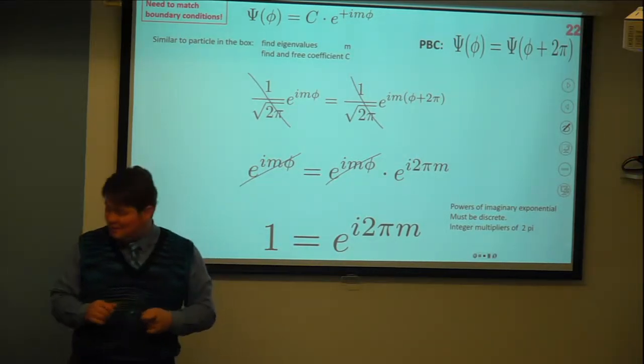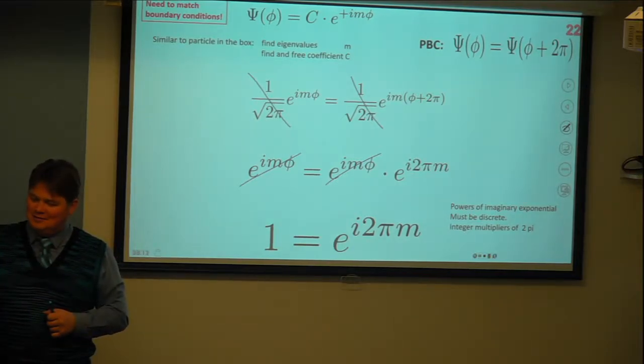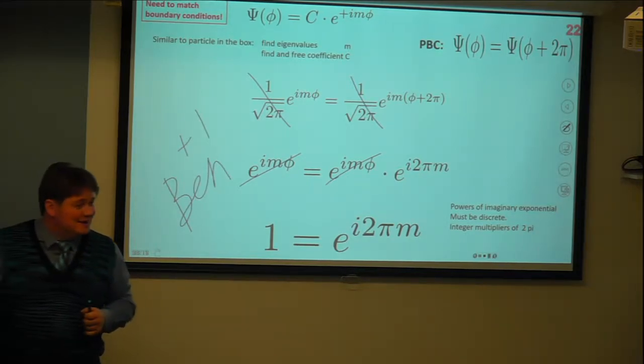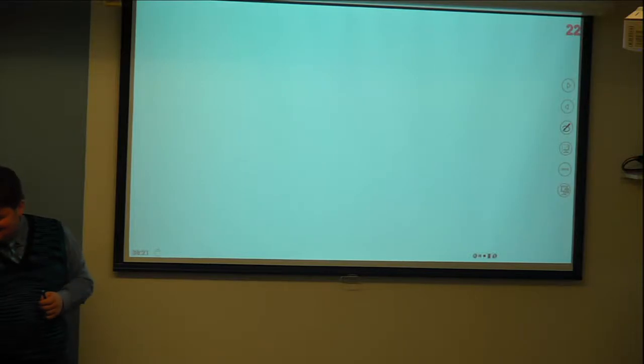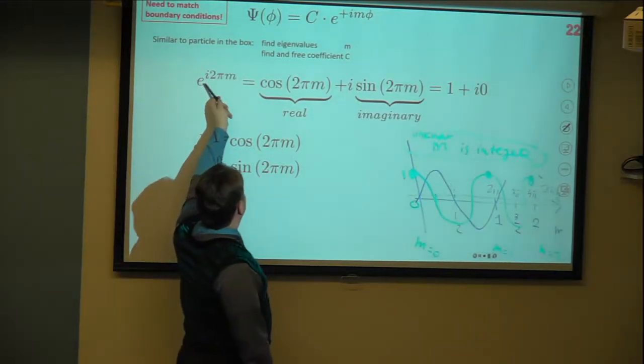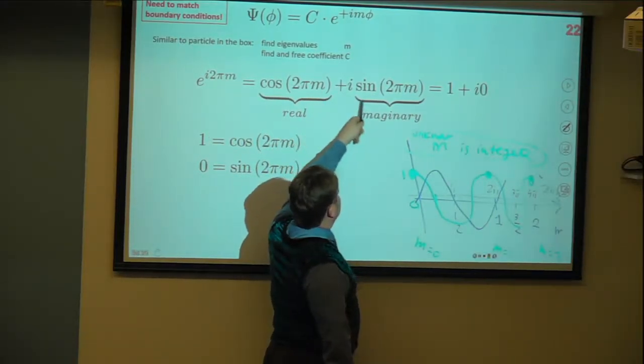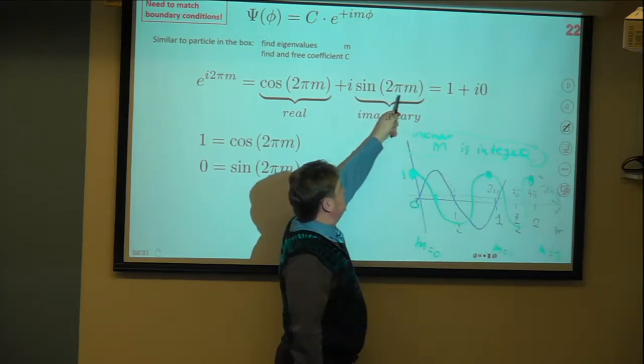Euler. Perfect. According to Euler, we expand the imaginary exponential into sum of real cosine and imaginary component sine.